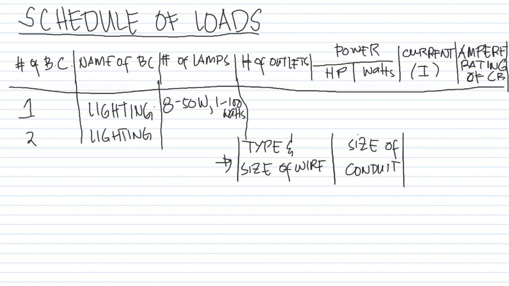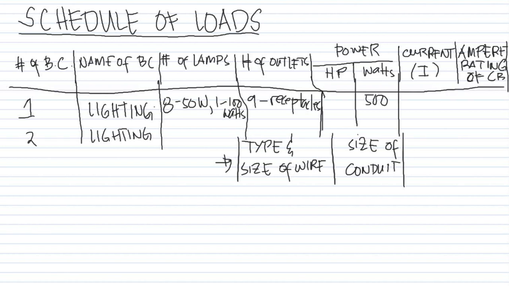So there are 9 receptacles. So what's the power of that lamp? Total power: 8 times 50 is 400 watts plus 100, so 500 watts.